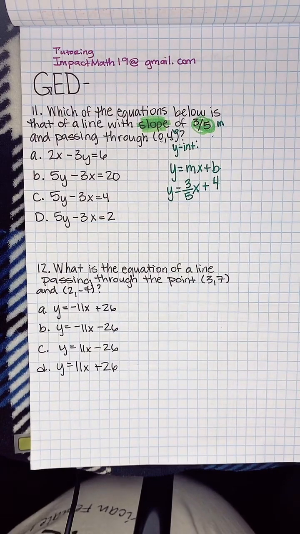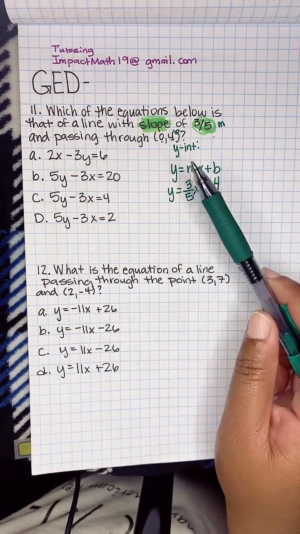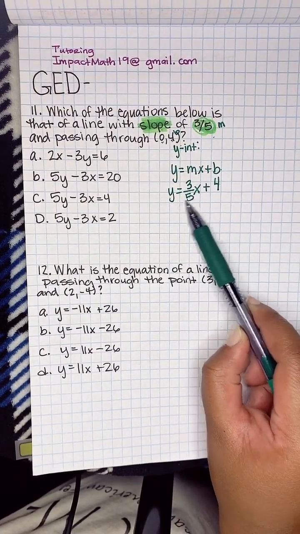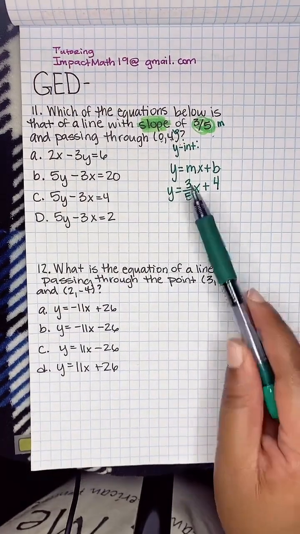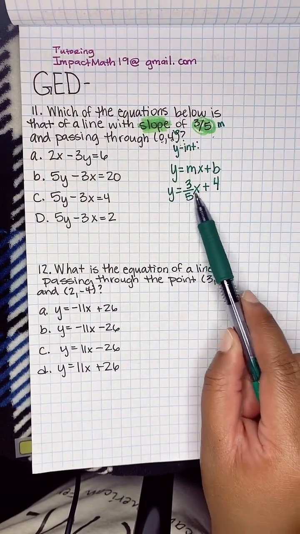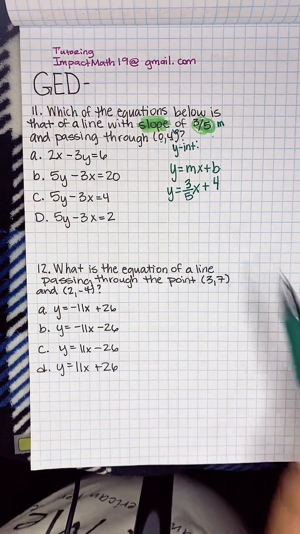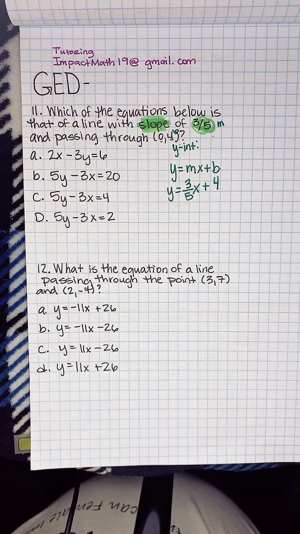Now I first want to get rid of this fraction. Does anybody know how to get rid of this 5 in the bottom?